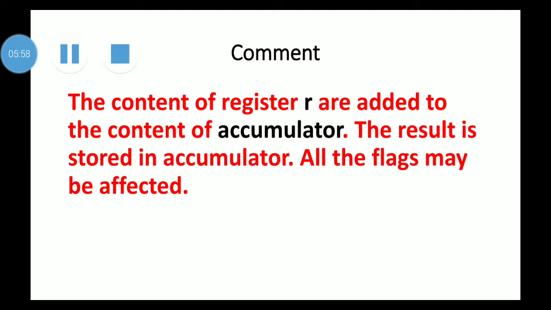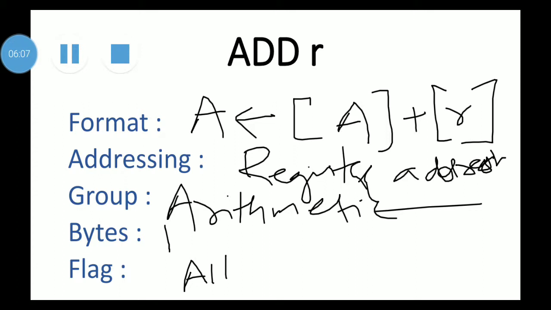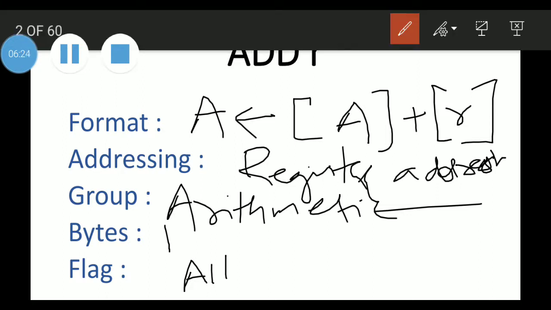Just see the instruction ADD R. What does the format say? A means accumulator: the content of the accumulator is added with the content of the register, and this arrow indicates where the result will go. The result will go into the accumulator. Okay students, this is clear.